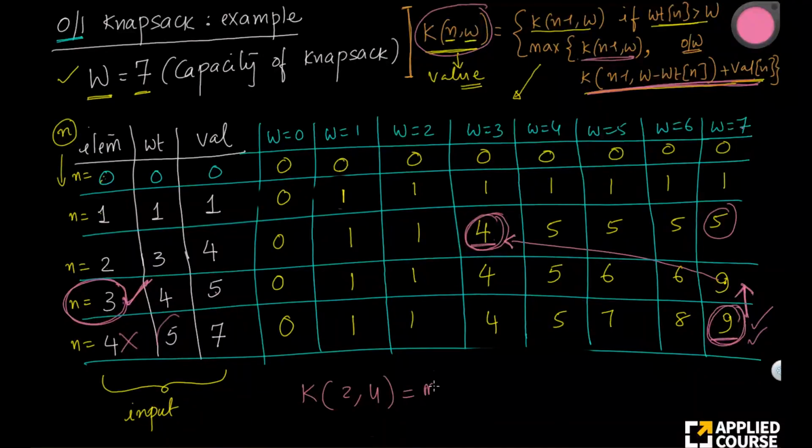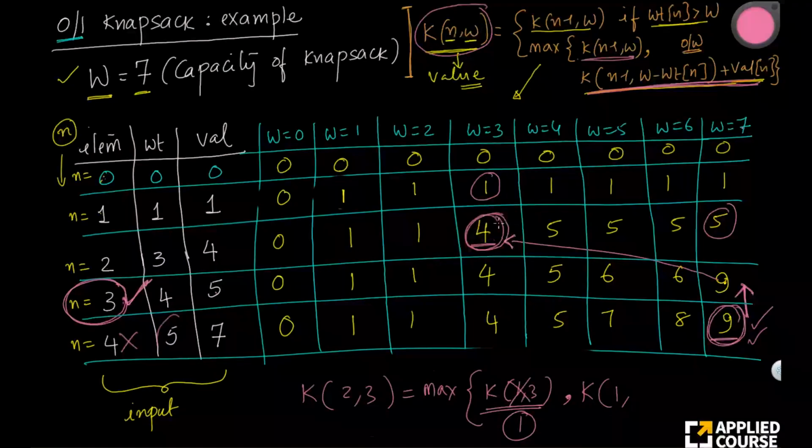What is the second case? It is the max of K(n minus 1, ...), which means K(1, 4). But this is K(1, 3), not 4. The value is 4, but K(1, 3) is only 1, so it didn't come from this. Where did it come from? It came from K(n minus 1, ...). So n equals 2, and n minus 1 is 1.